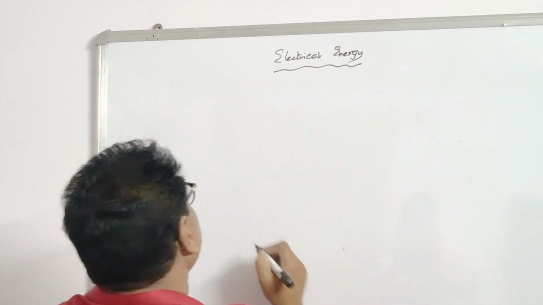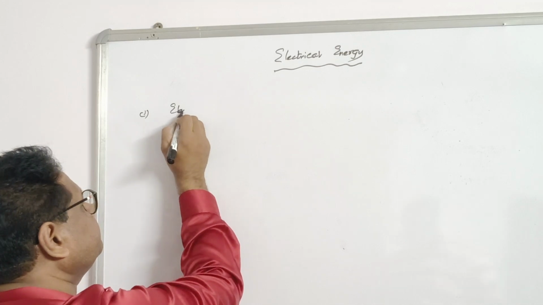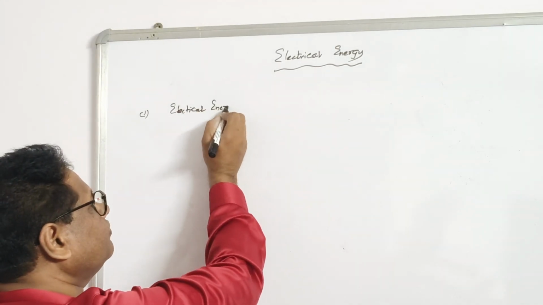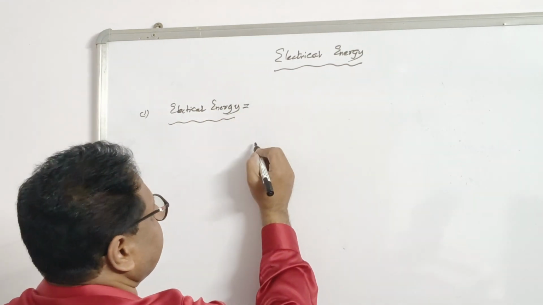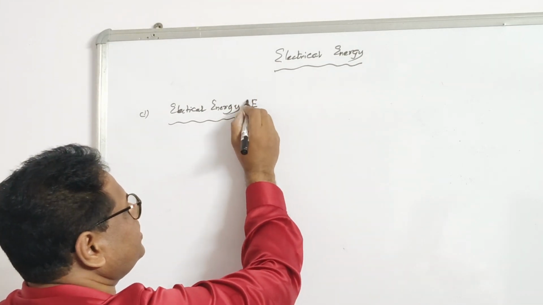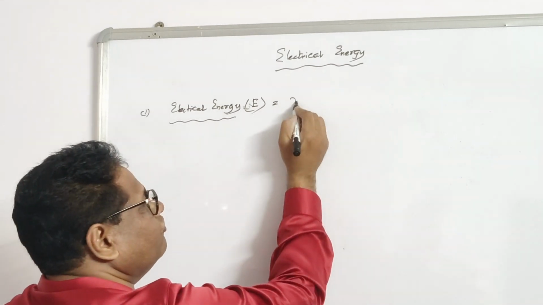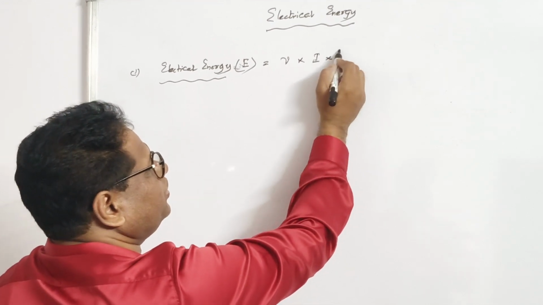Now, first of all, this electric energy can be expressed as, suppose we consider this as E. This can be considered as V into I into T.